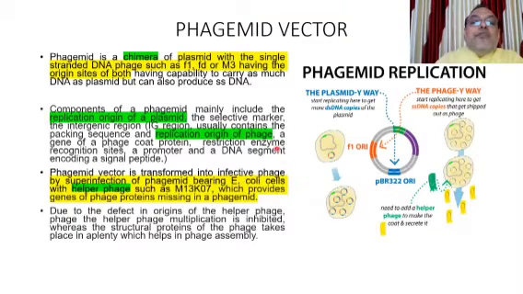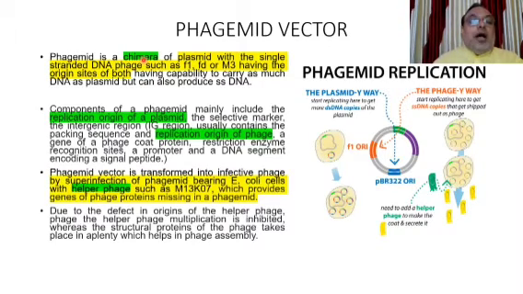Then there is phasmid. As the name indicates, it has got phage as well as plasmid characteristics. So it is a chimera. That is, it exhibits characteristics of two different organisms.